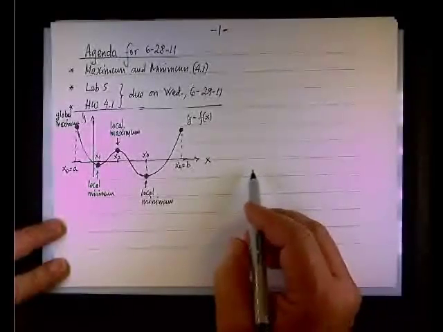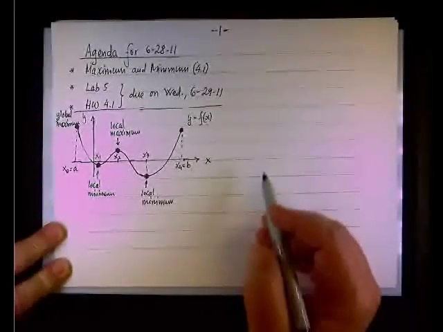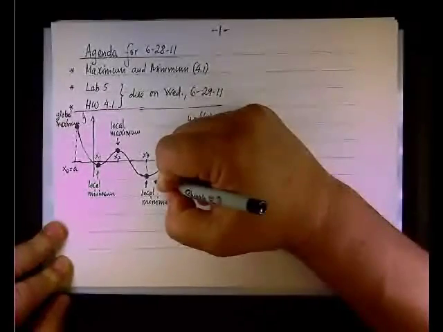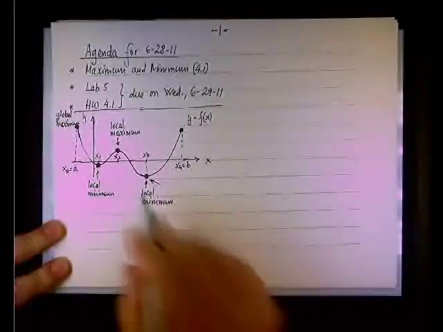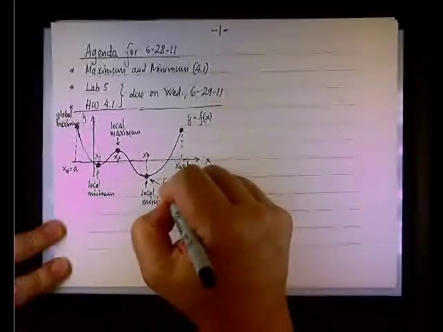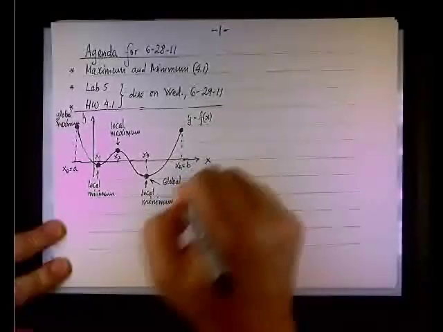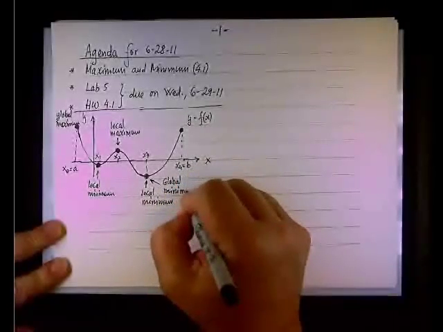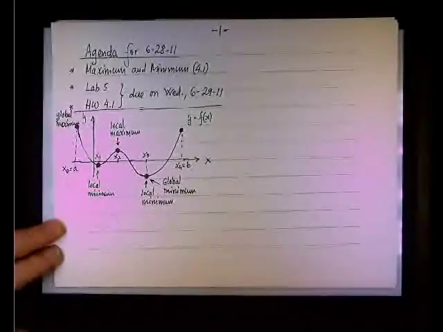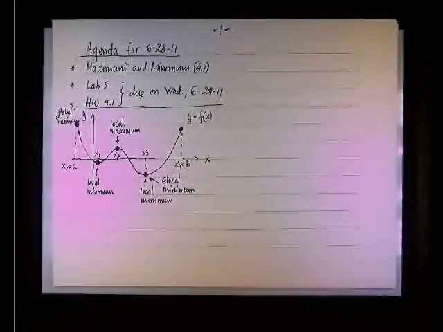So where is the global minimum? Where is the lowest value of y? Well, it will be the value of y that corresponds to x sub 3. So here we have a global minimum. And there is no contradiction with the fact that at this point we also have a local minimum.